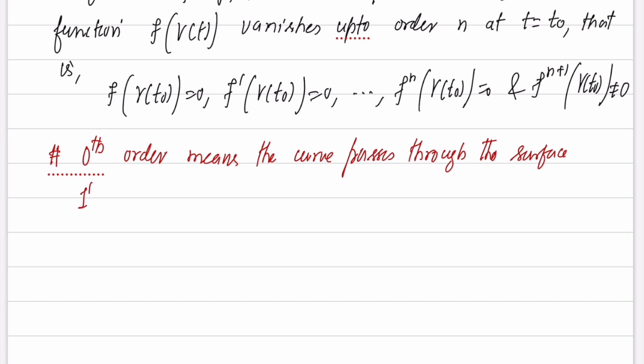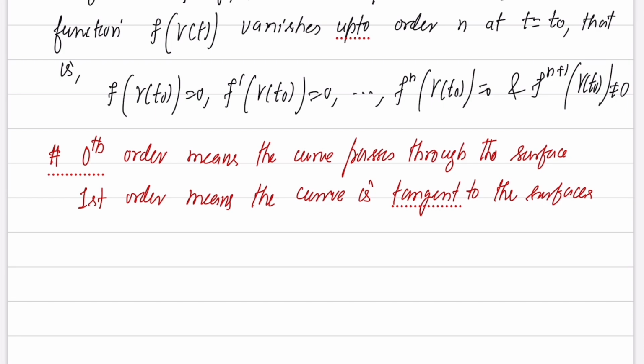First order means the curve is tangent to the surface. That means there lies a straight line that is tangent to both the curve as well as to the surface at some point. So the curve and the surface touch each other at just one point.